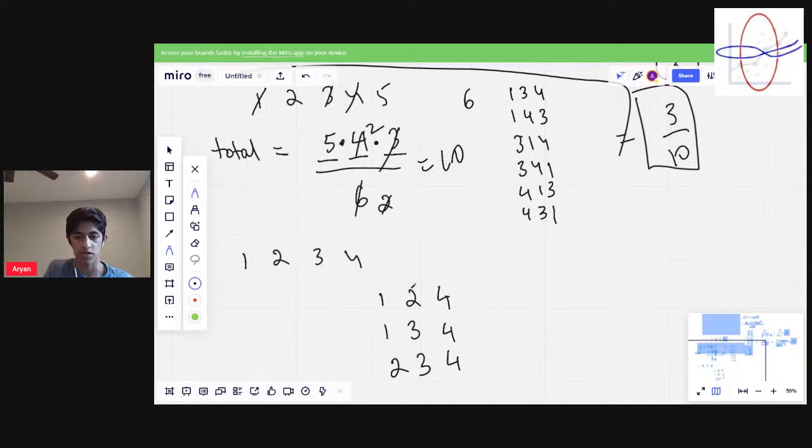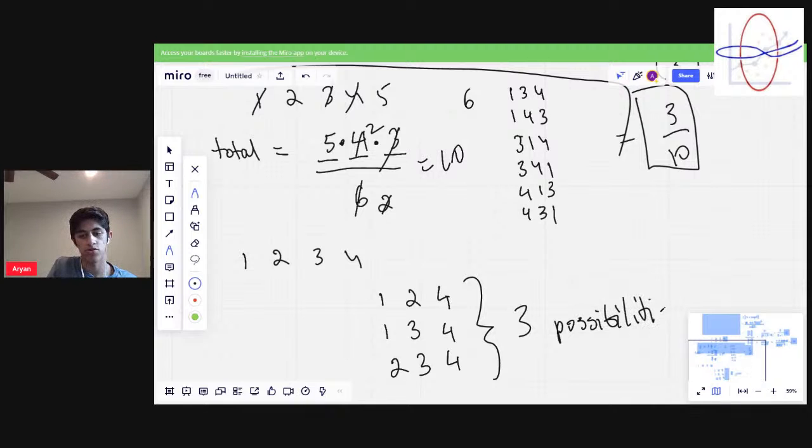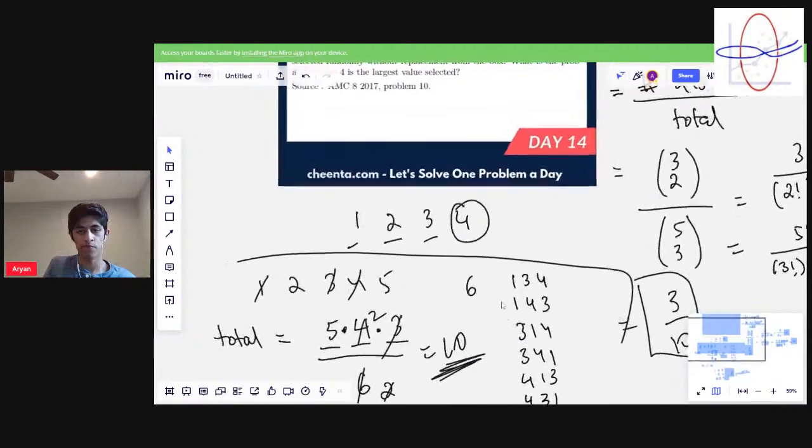And there's nothing else, right? This is 1, 2, 1, 3, 2, 3. These are combinations of 2 numbers out of the 3. And so this is a total of 3 possibilities. And this again gives you your 3/10 value that we found above, right? 3 right here, and then 10 as our total. And that concludes this problem.